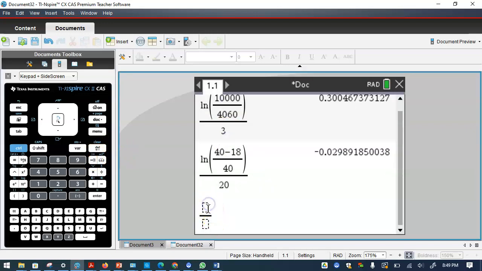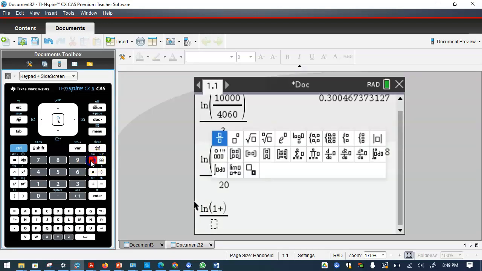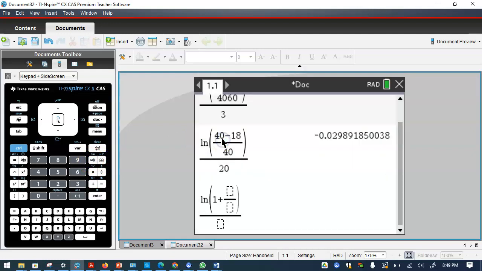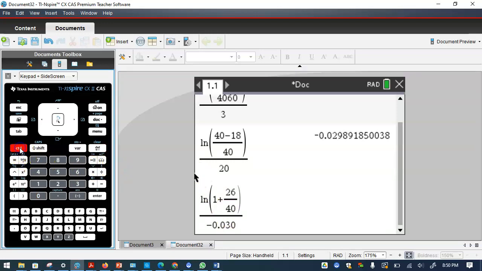Now on top you have ln, and there is 1, and there is plus, and then you get again the quotient, and there it is 26, and here you divide by 40, and down is minus 0.030, and then enter.